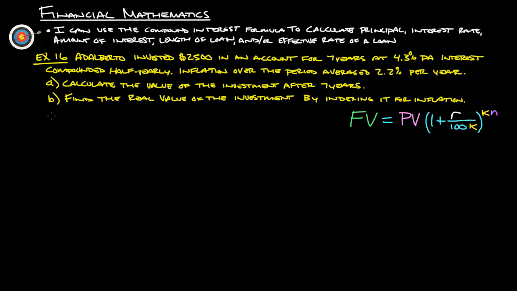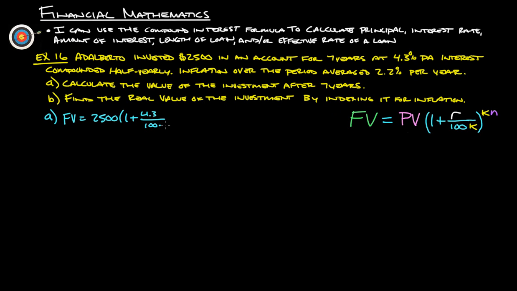Okay, so let's see, part A here. We want to figure out the future value, what it's worth after 7 years. So we invested 2,500 times 1 plus our rate, 4.3 divided by 100 times the interest compounded half yearly.